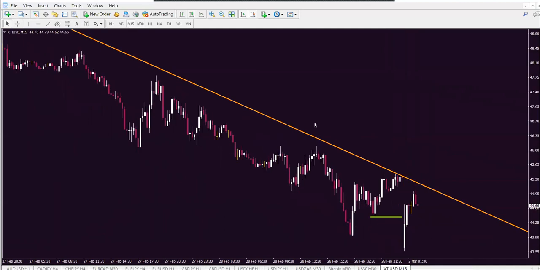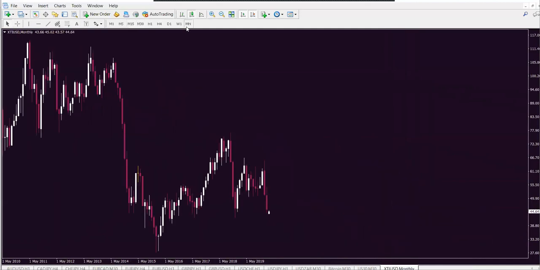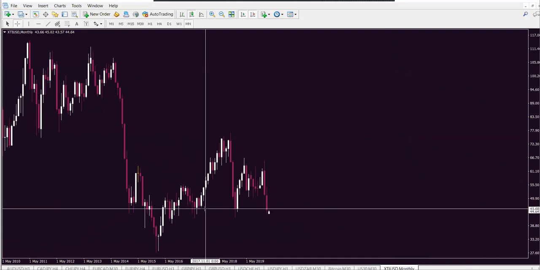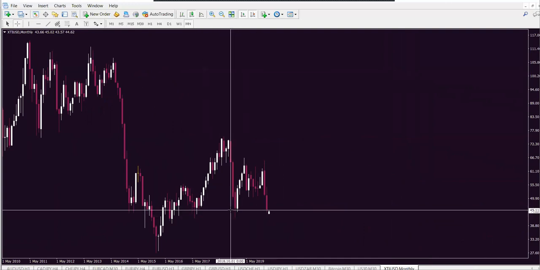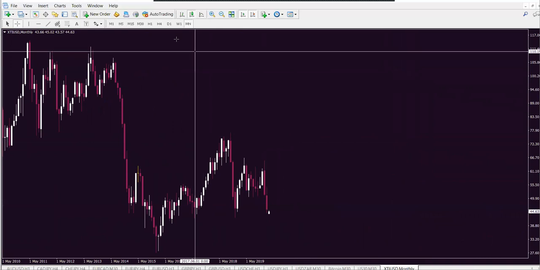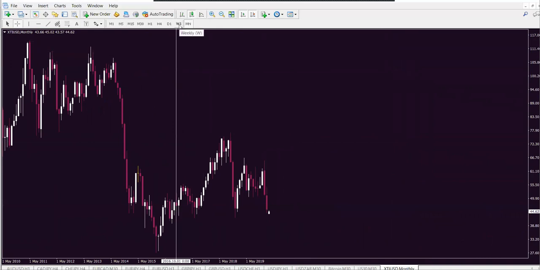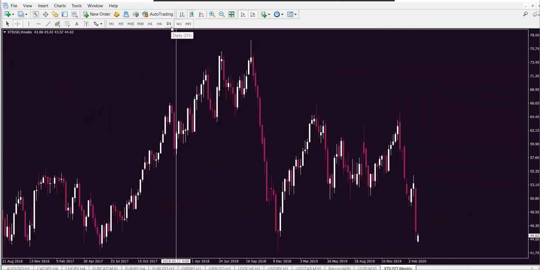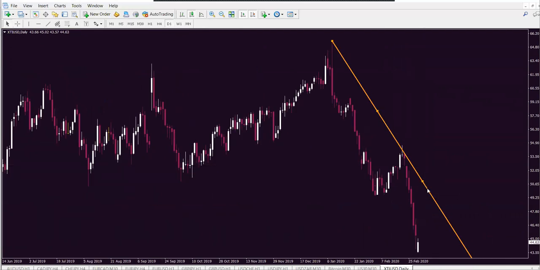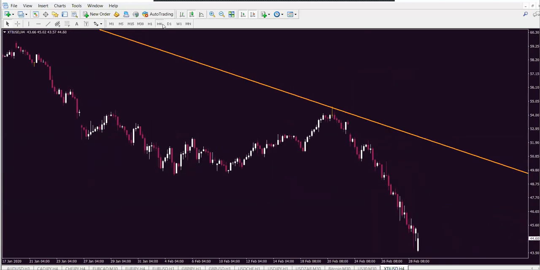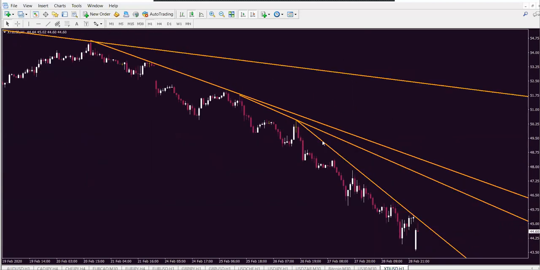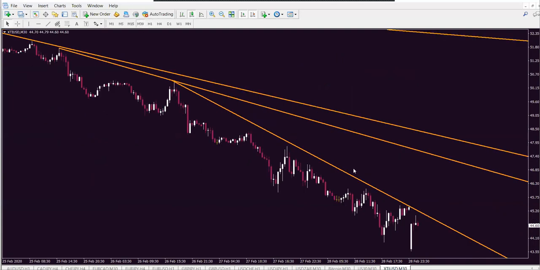On to oil. All right, so we see oil is basically at a support. After a bearish push down, it's at support. Let's see, and this leg is bearish. Daily, H4, H1, yes, bearish, 30-minute bearish.